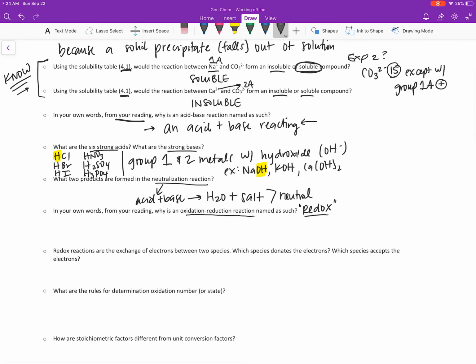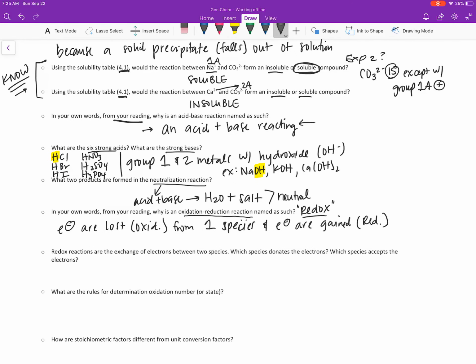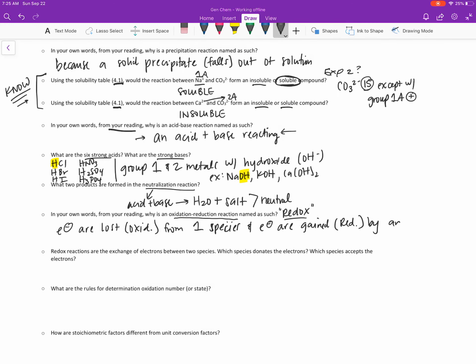So redox. And it's named as such because electrons are lost, and we're going to call this oxidation, from one species, and those same electrons that are lost are gained, reduced, or reduction by another species.